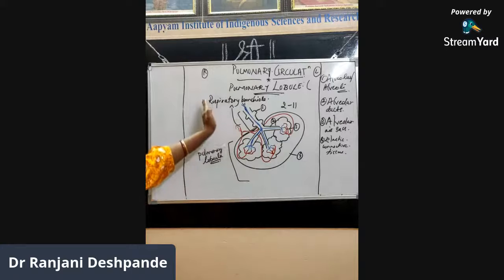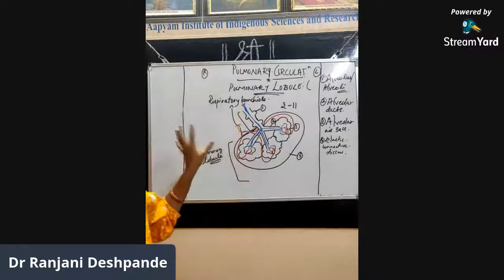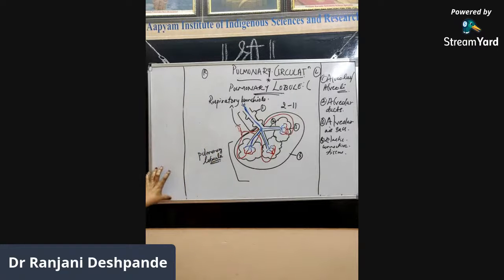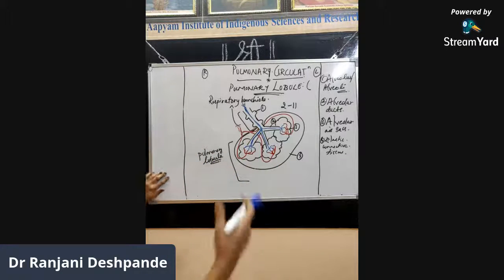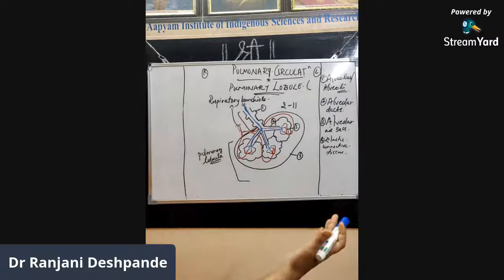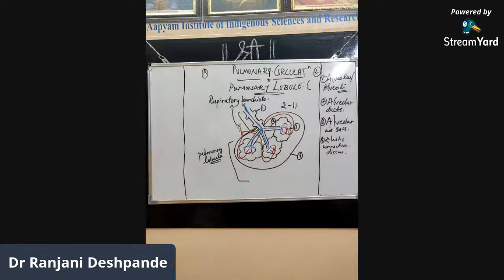The pulmonary venule will further move into the interlobar vein, to subsegmental, next to segmental, and then join to form the lobar vein. From the lobar vein, we have the two main branches of the pulmonary vein, two from the right and two from the left, all four of which will drain into the left atrium.